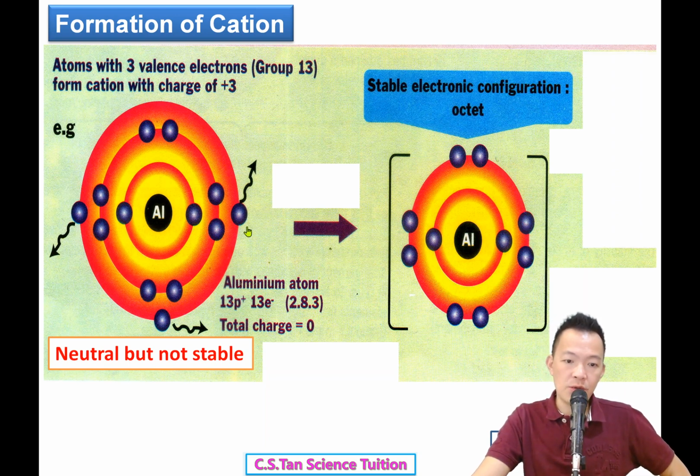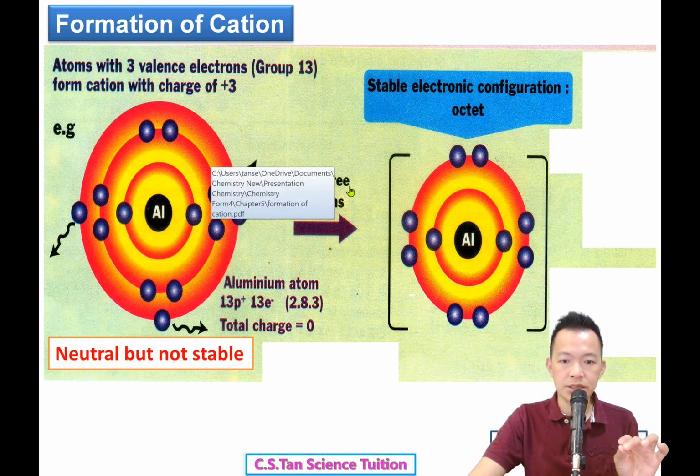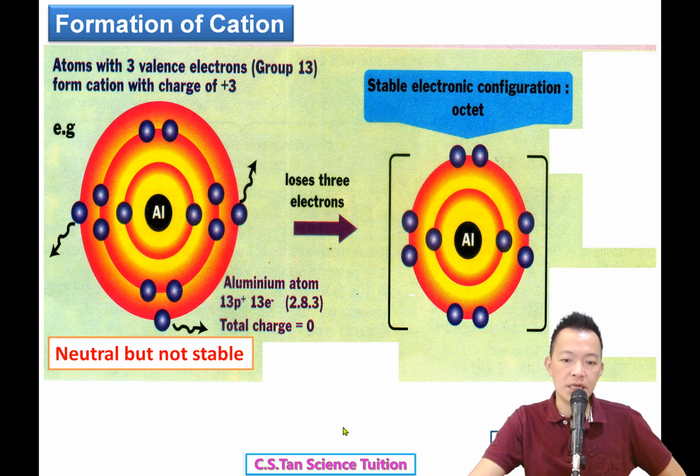And because of the 3 valence electron, aluminium atom must lose all the 3 valence electron to make itself become stable. Okay, so during the chemical reaction, 每当有化学反应发生，aluminium atom lost 3 electron.